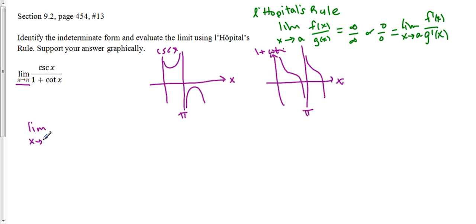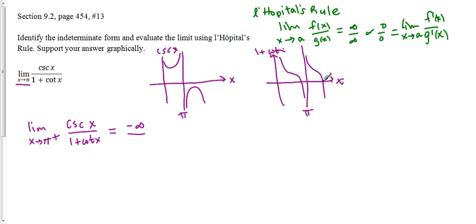So I'm going to have the limit as x goes to pi of cosecant x over 1 plus cotangent x. If I approach pi from the positive direction, for the numerator, the cosecant, I'm going to get negative infinity.